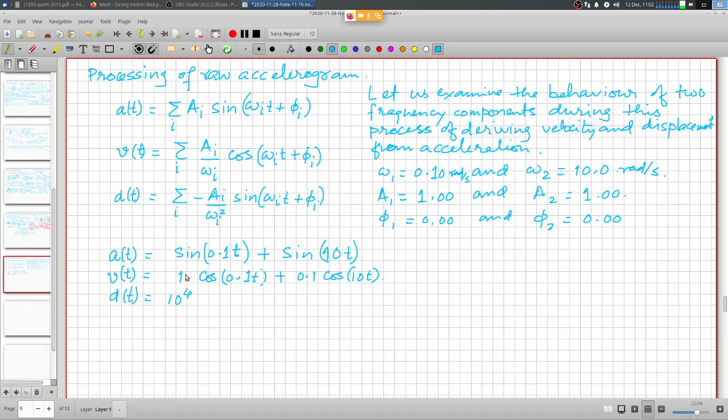So then this will be 10 and this would be 100 sine 0.1 t plus 0.01 minus 0.01 sine 10t, right? So now let us try to plot these functions.